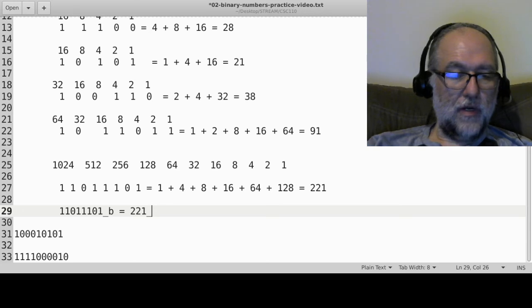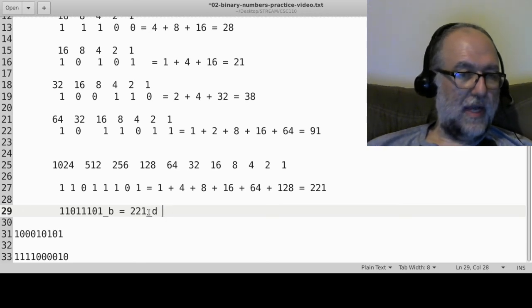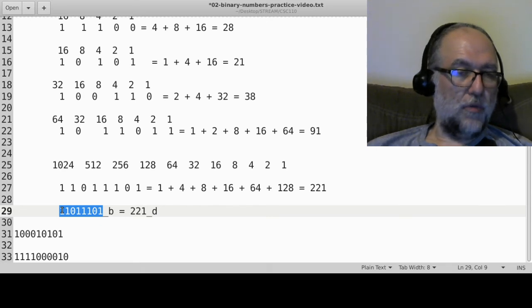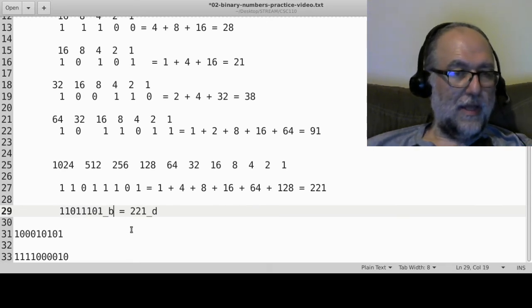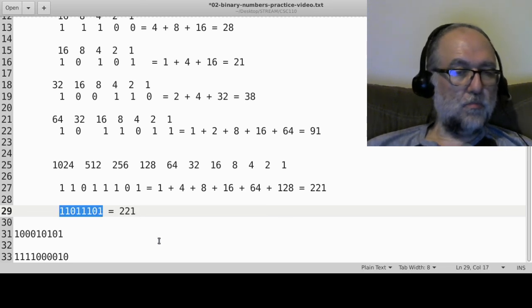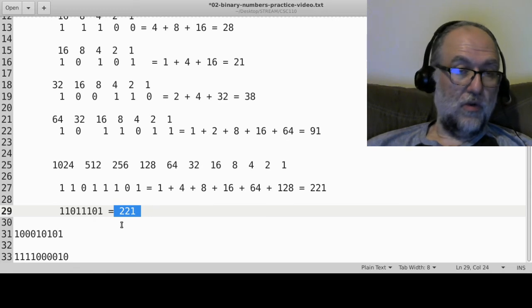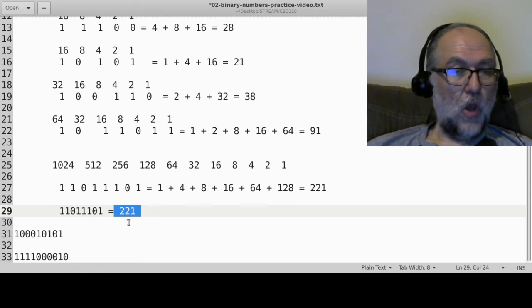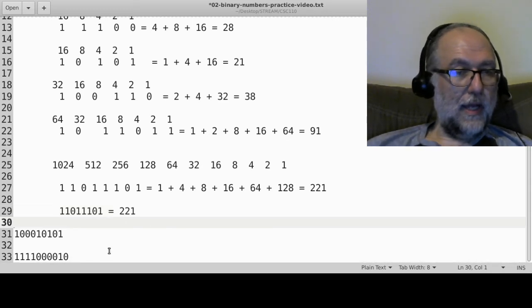They might even put a D to say that this number is decimal, just to say, look, this is a binary number. Don't try to interpret it as a decimal number. But I think we'll understand that when you see a bunch of ones and zeros like that, that's a binary number. And of course, if you've got anything other than a 1 or a 0, it cannot be a binary number. So let's continue.